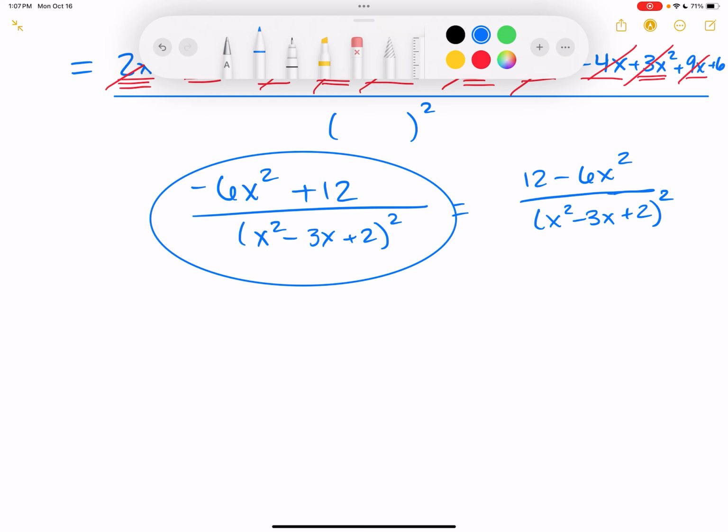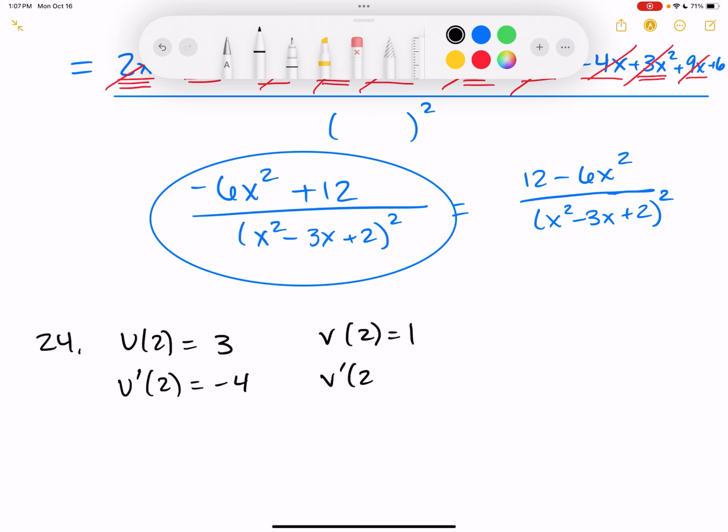All right, suppose u and v are functions of x that are differentiable at x equals 2 and that, so this is problem 24, u of 2 is equal to 3, u prime of 2 is equal to negative 4, v of 2 is equal to 1, and v prime of 2 is equal to 2.